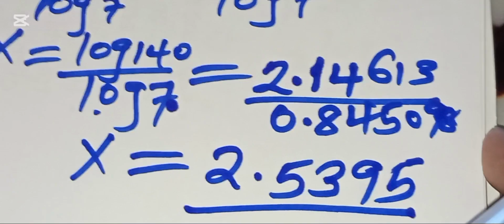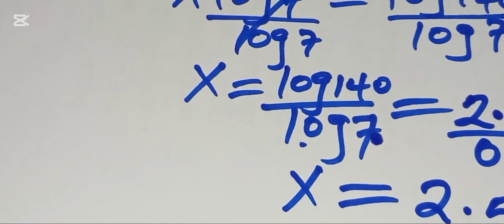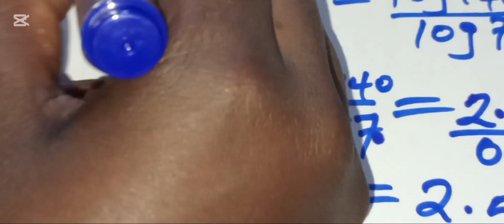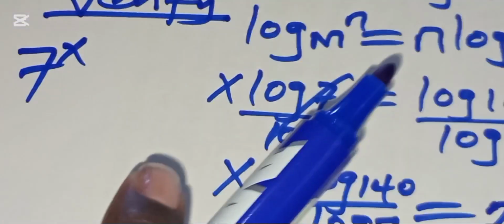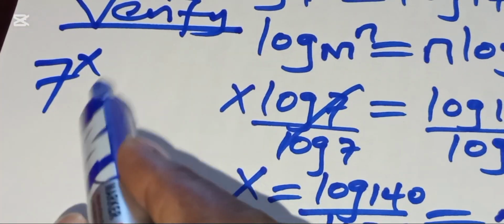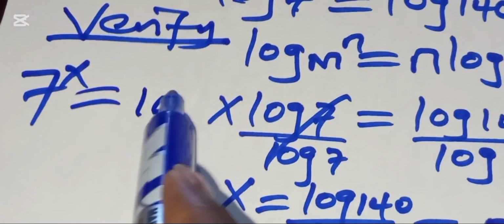Okay, so let's verify quickly that this value of x actually satisfies the equation. We have that 7 raised to power x is supposed to give us a value of 140.